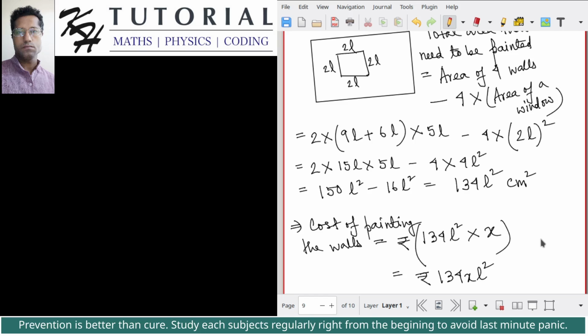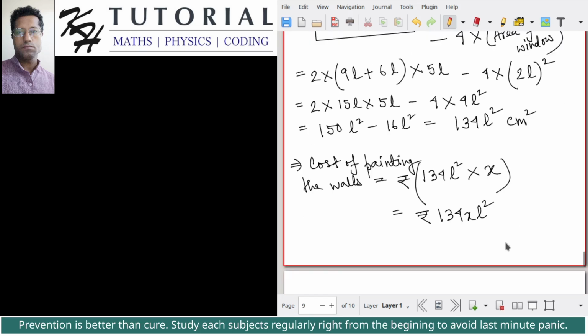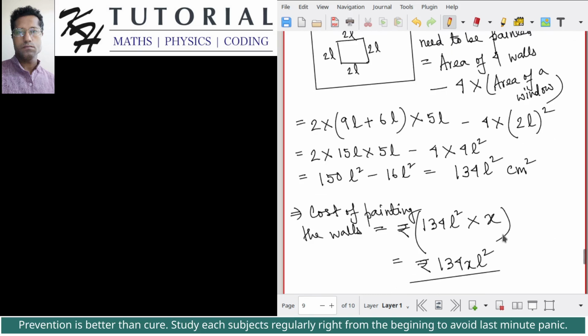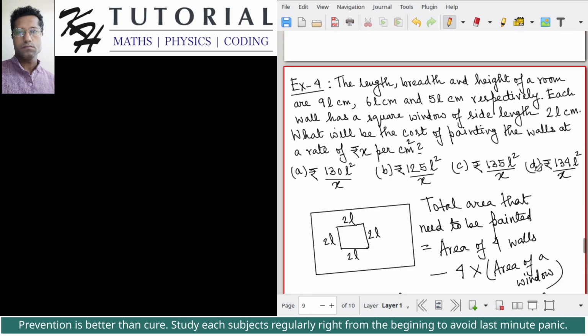This much rupees, 134 XL square. So I made a mistake in giving the choices. In all the choices, the X is in the denominator. The choices should be 130 L square X, 125 L square X, 135 L square X, and 134 L square X. So obviously the correct answer is rupees 134.